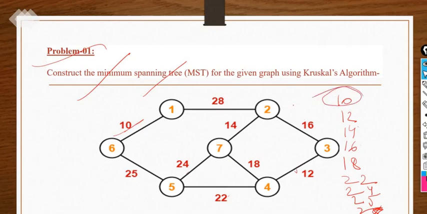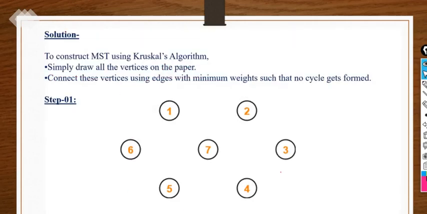First we select the vertices with edge weight 10, this one. First we have taken all the vertices, and now we will connect them one by one to get the spanning tree with minimum cost in connected form at last.